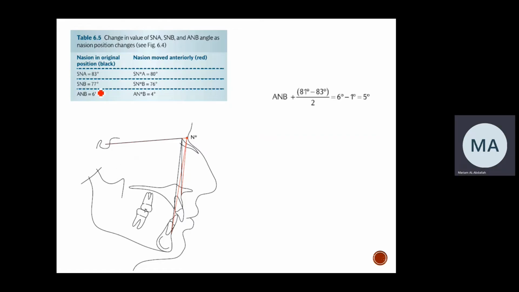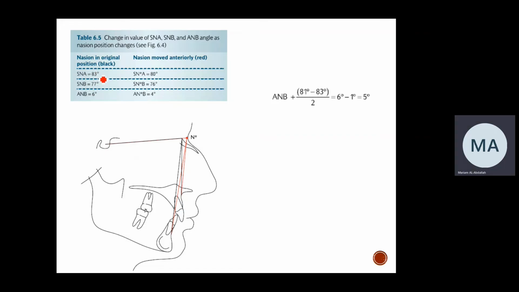This is an example. So these are the measures for a patient. SNA is 83, SNB is 77, ANB is 83 minus 77, which equals 6. Given that the SN maxillary plane angle is within average and SNA is not equal to 81, then we can apply Eastman correction. For each degree SNA is above 81, we subtract half degree.